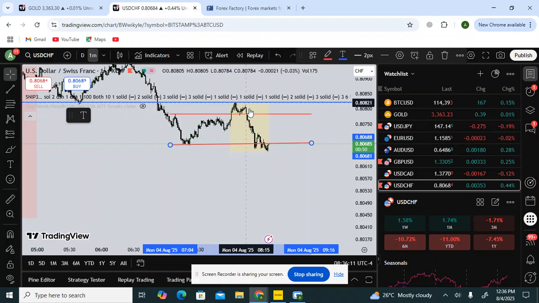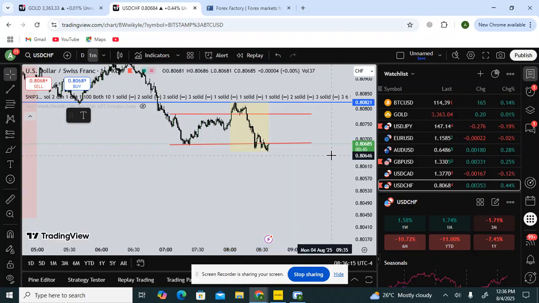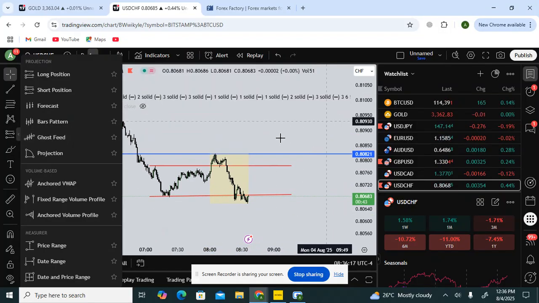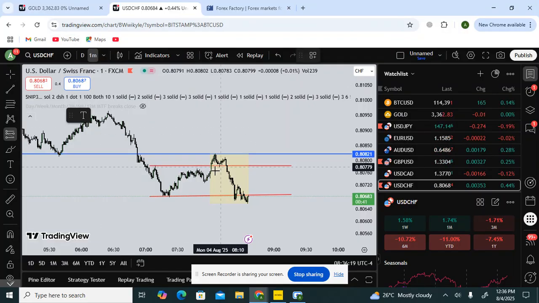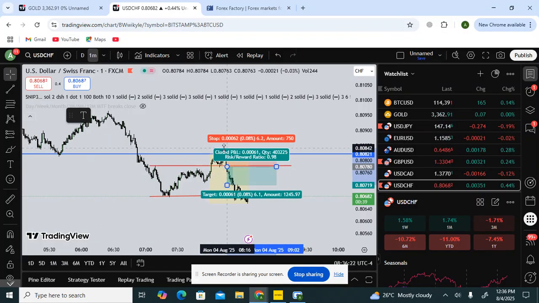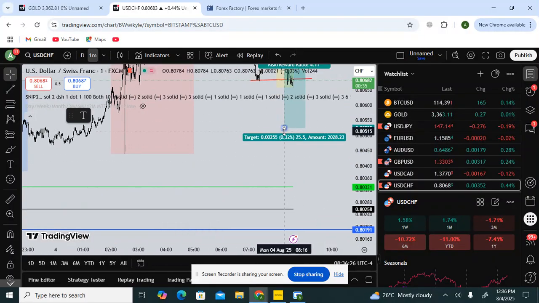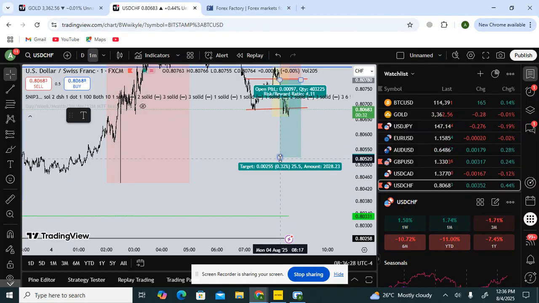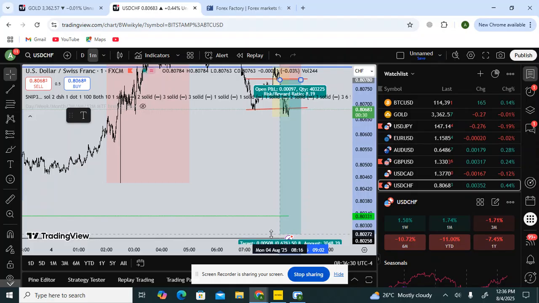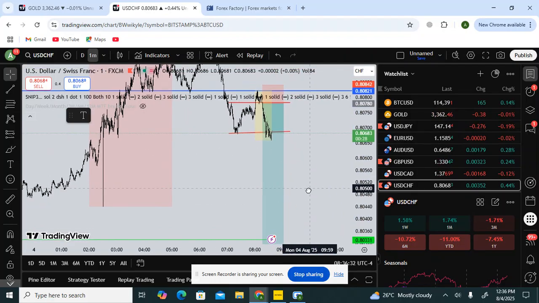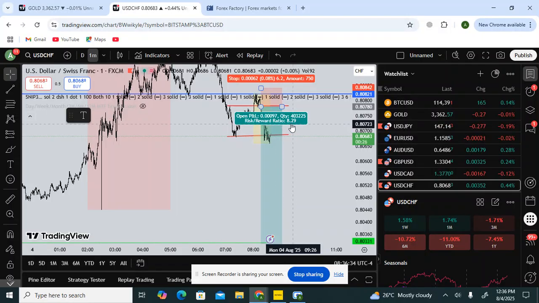So after seeing this reversal pattern, you can just enter here. That will be an amazing and a very beautiful entry if you were looking at this pair at the beginning of the New York session. So that entry, you could have gotten an 8R.